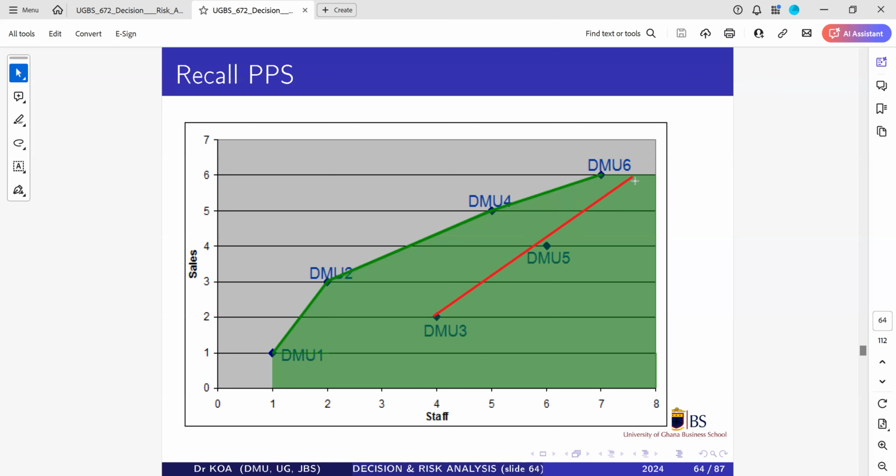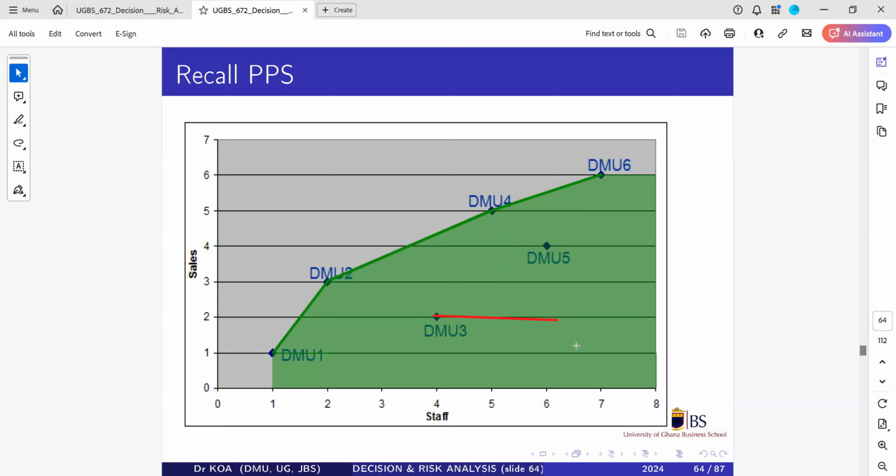For example, any firm here, which is after DMU6 on the right, that firm is using 7.5, 7.6, 7.7, or 8 staff. And yet, it is producing 6 sales, just like DMU6 is doing.